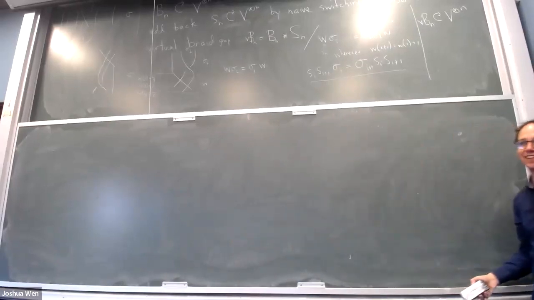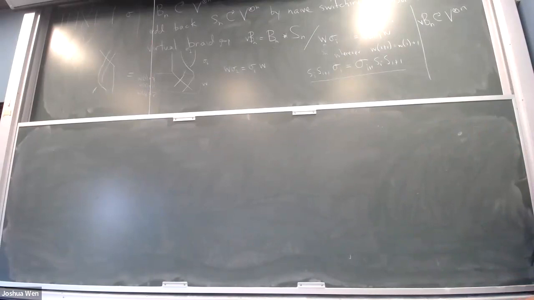Like braids on thickened surfaces rather than braids on thickened R2, right? I think Kauffman was thinking about it as braids on thickened surfaces.